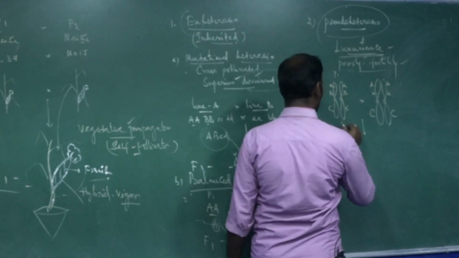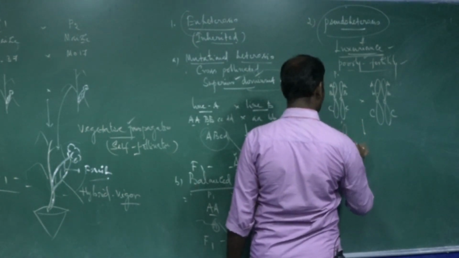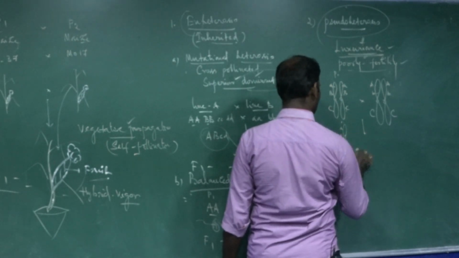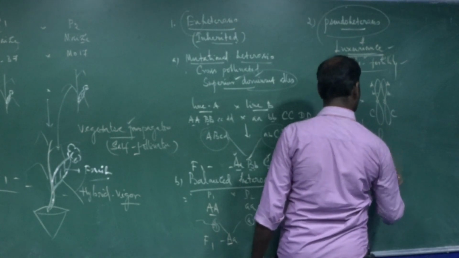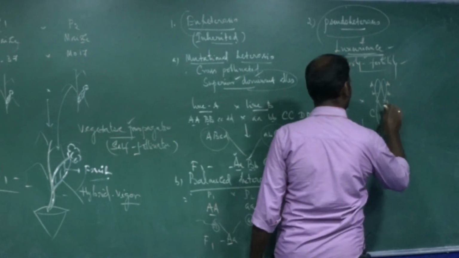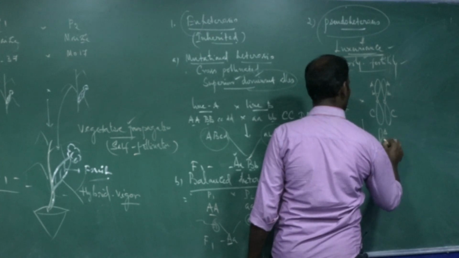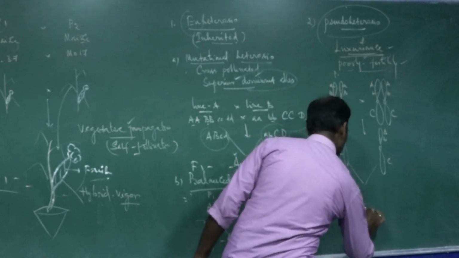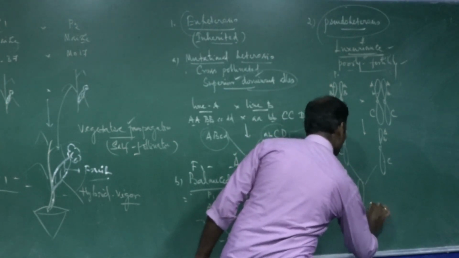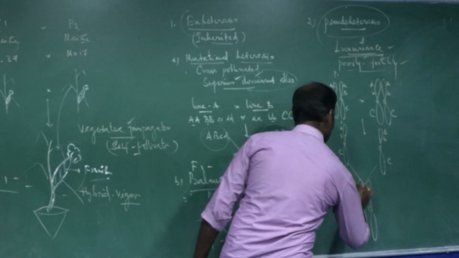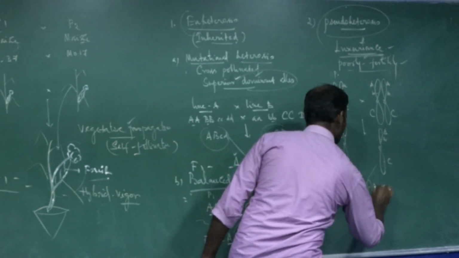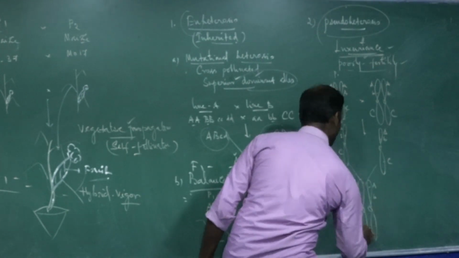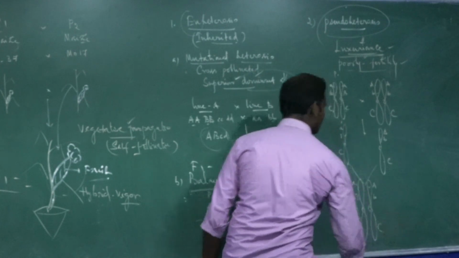If we cross them, only one allele is obtained in the gamete: small a, capital B, capital C, and here capital A, small b, capital C. Both are together. These are the F1: small a capital A, capital B small b, capital C capital C.